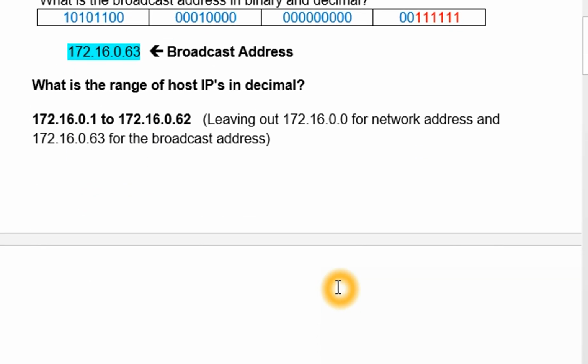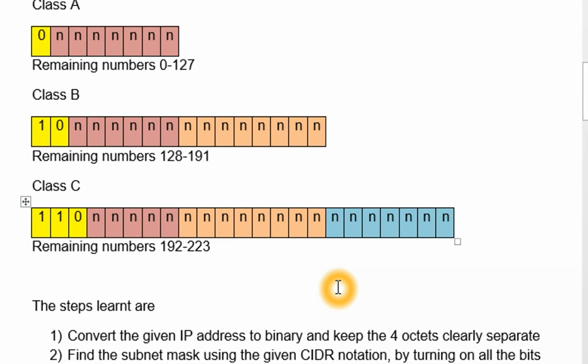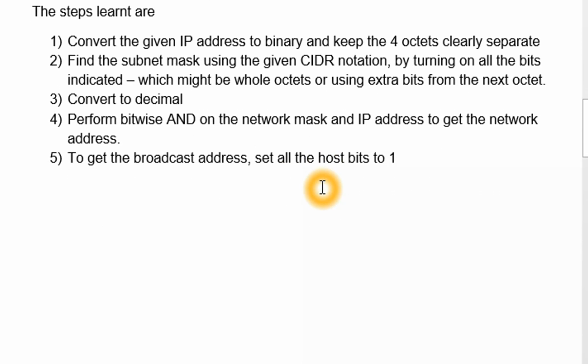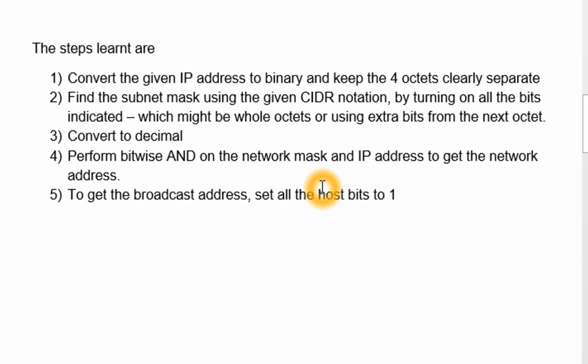Okay, before we go further, I will explain the important items here, the steps. If you're given a question and an IP address, how do we go about it? Here's a summary. First, convert the given IP address to binary and keep the 4 octets clearly separate. Don't join them, making it hard to distinguish.